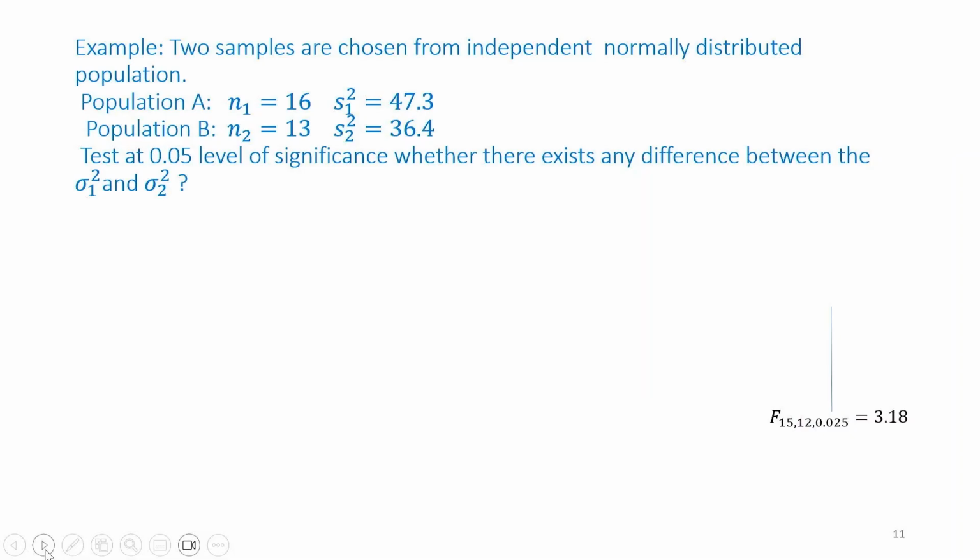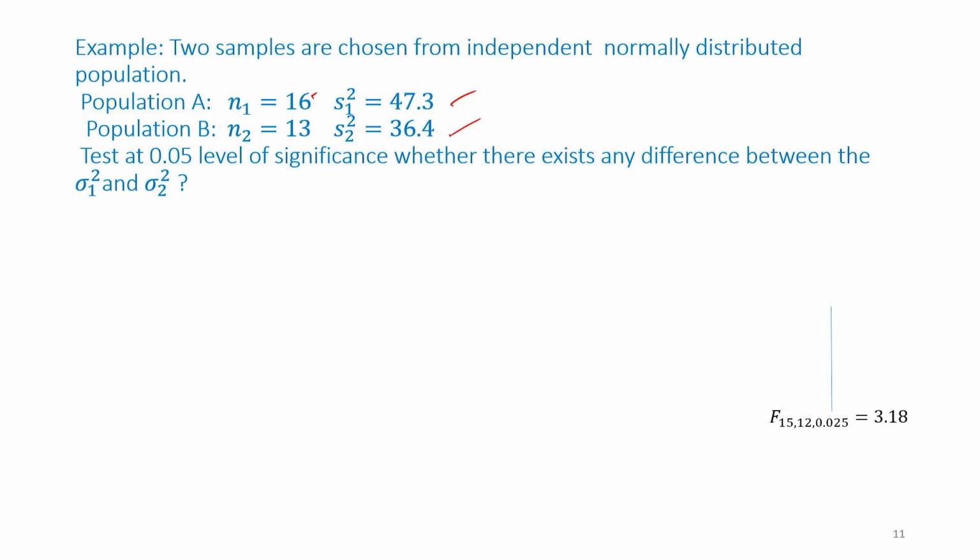Now we come to another problem just to understand it further. Two samples are chosen from independent normally distributed populations. So population A is this and this. Population B, N2 is 13, S2 square is 36.4.